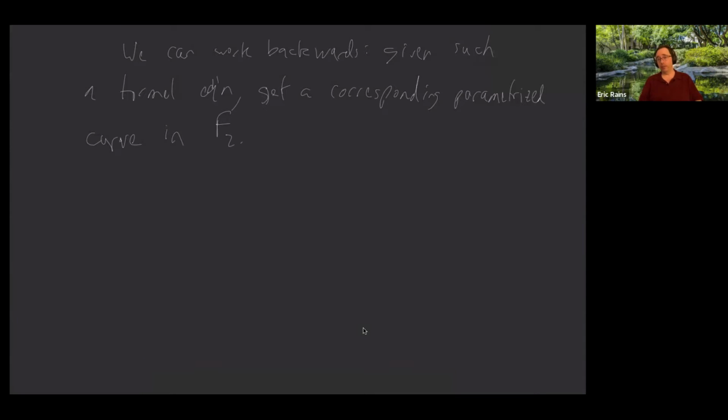Now, what we can then do, if you like, is take this local information and then start blowing things up. Basically, given the local parameterized curve, you can tell whether it meets the anticanonical curve. And then you can blow up the appropriate point of the anticanonical curve if it does.